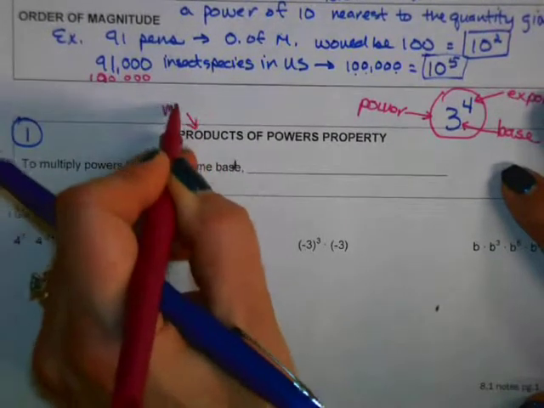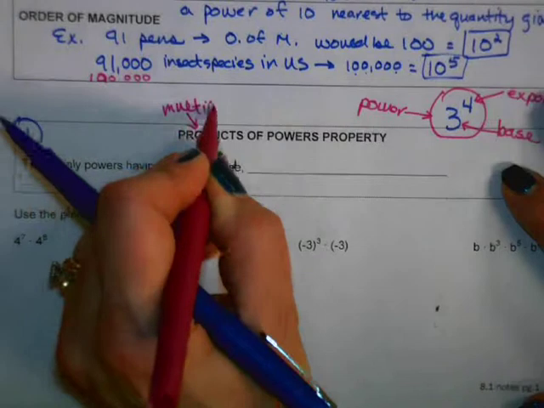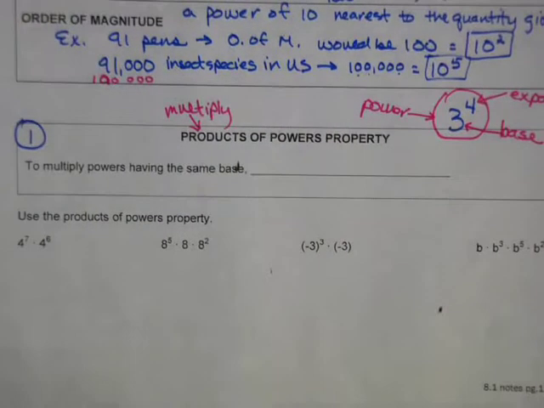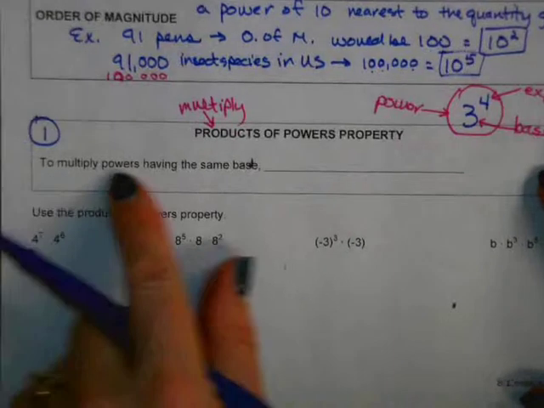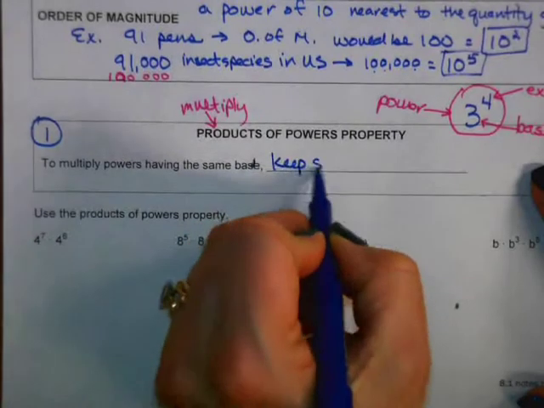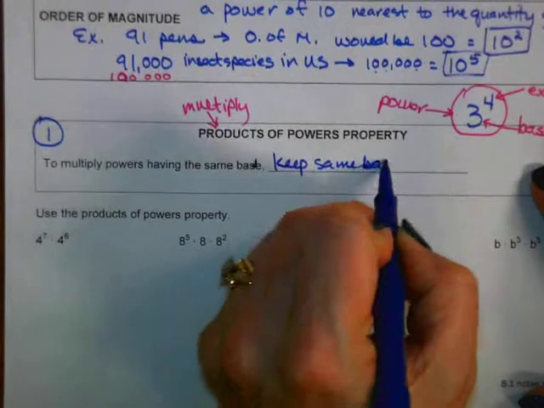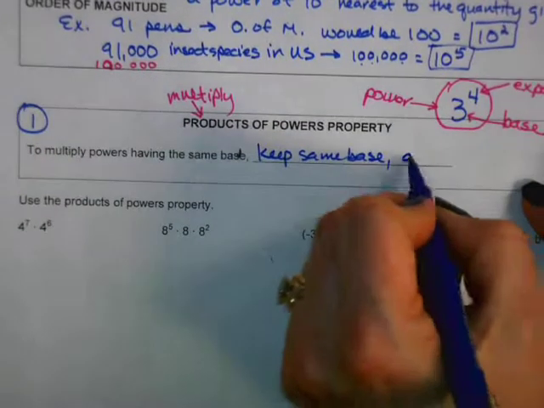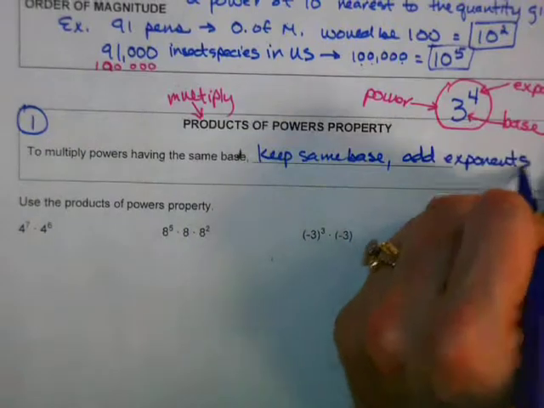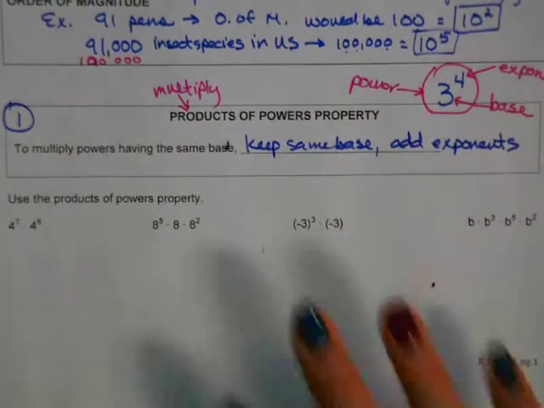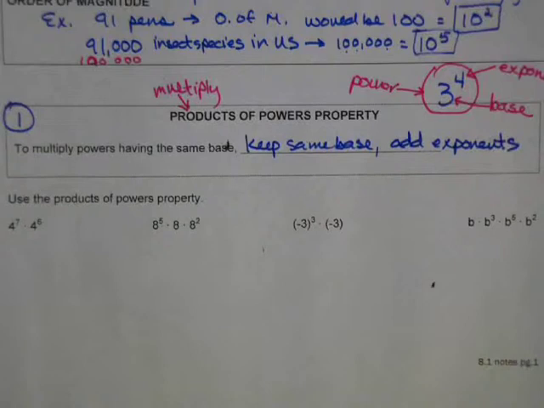Product means to multiply. To multiply powers having the same base, you keep the same base and add the exponents. Keep the same base, add the exponents.